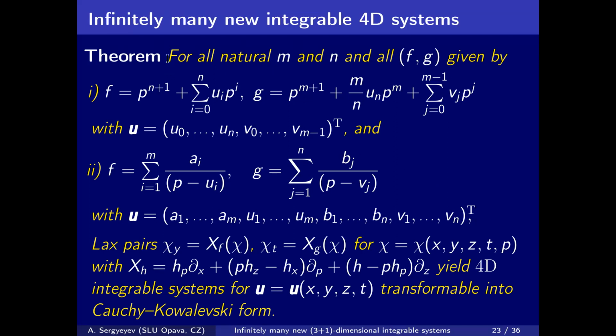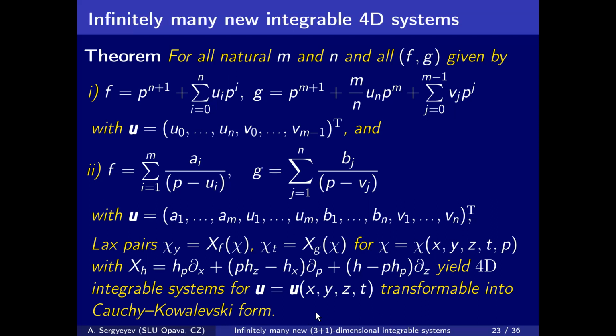In particular, we have the following theorem: for all natural m and n and all pairs f and g given by these two sets of formulae, the Roman 1 and the Roman 2, the Lax pairs of the kind shown in the previous slide, namely these ones, yield 4D integrable systems.